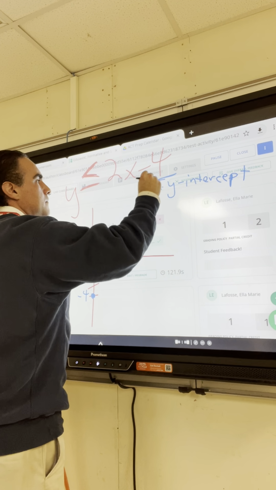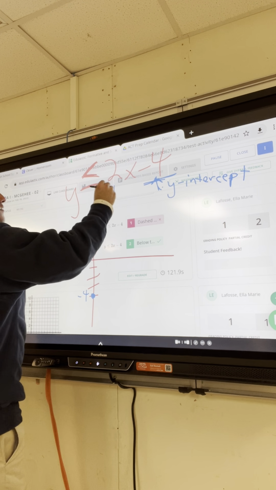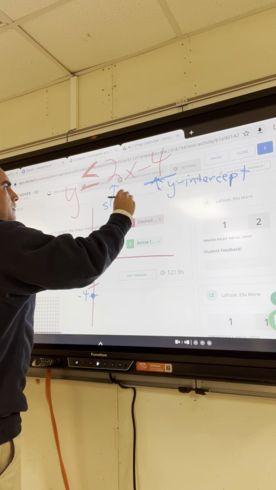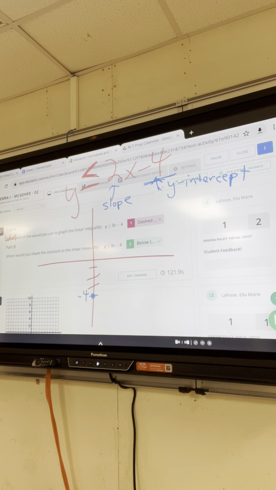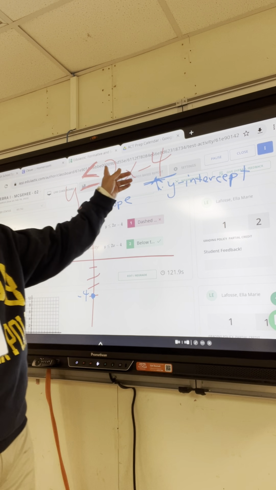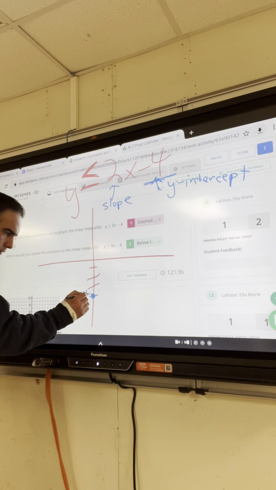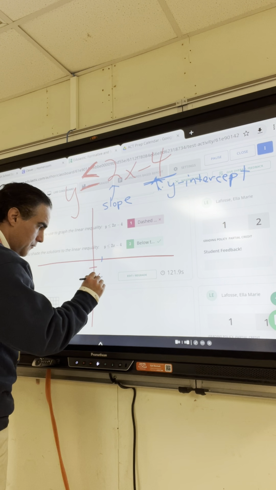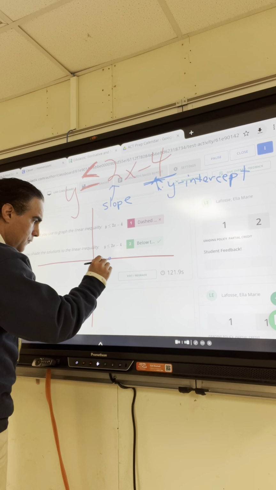Right here. And then what's our slope? 2x minus 4, what's the slope? 2. Not 1 over 2. 2 over 1. Rise 2, run 1. So here we go. Rise 2, run 1.